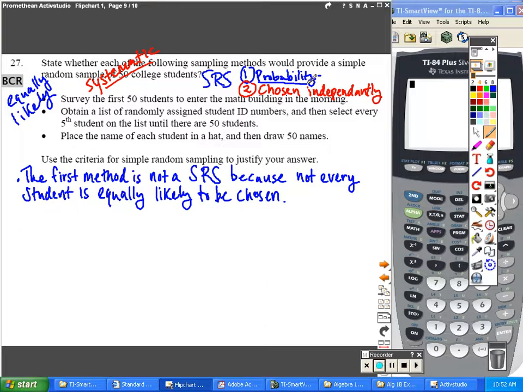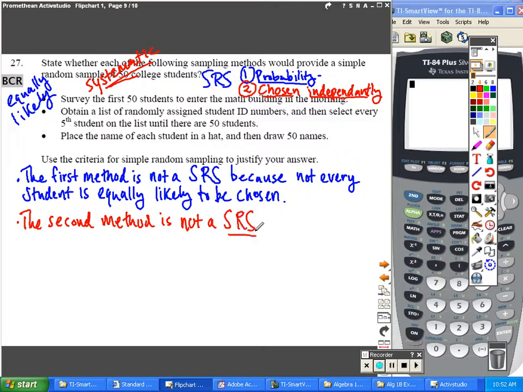Let's look at the second one. That's the one where we're talking about this independently chosen piece. So we can either say independently chosen or we could say it's too systematic. Either one, whatever you like. So the second method is not a simple random sample.